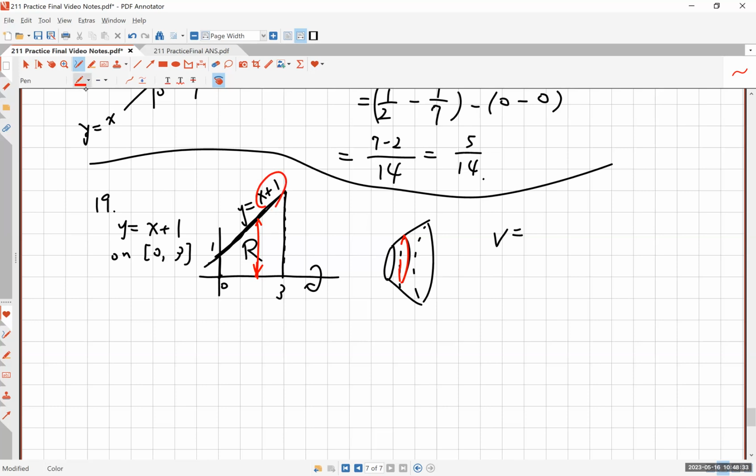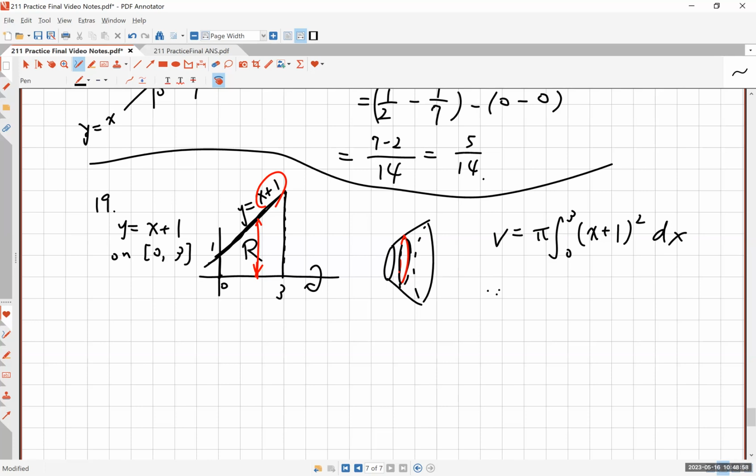And so what you integrate is pi times that thing squared. So you can use the formula if you like. It's pi times the integral from a to b of the function squared, right? And the reason you integrate pi times the function squared is because that's the area of this disk, pi r squared, right? And so this is what you have to integrate.